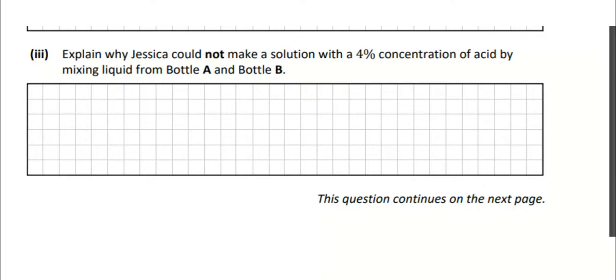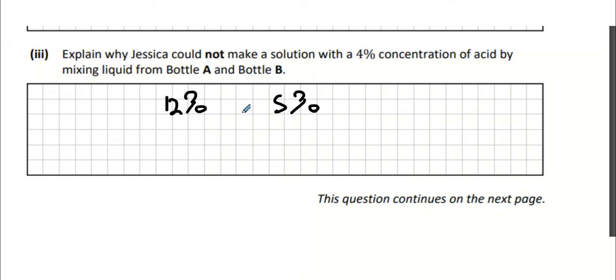Explain why Jessica could not make a solution with 4% concentration of acid by mixing liquid from bottle A and bottle B. I think the problem is that bottle B is 5% and bottle A is 12%. And you can't make it weaker by mixing the two bottles together.